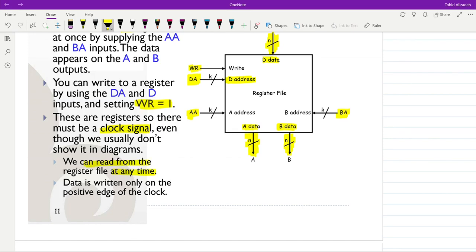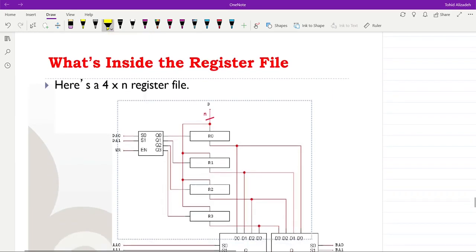For reading, the data will be available at any time that we provide the desired address into BA or AA, and then the data will be available. But in order to write into a given register, we will write on the positive edge of the clock. So writing cannot be performed all the time, but reading could be done at any time instance.